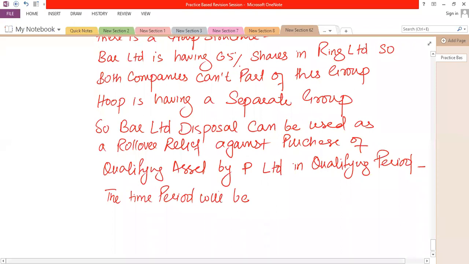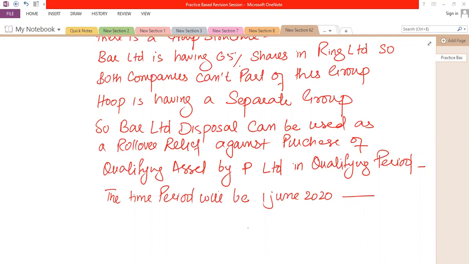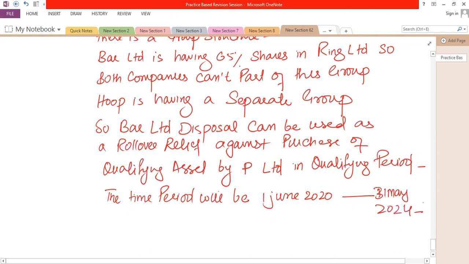So 31st May means 1st June 2020. Add 4 years to that, so that would be 31st May 2024. You can get 1 mark for writing this date correctly.